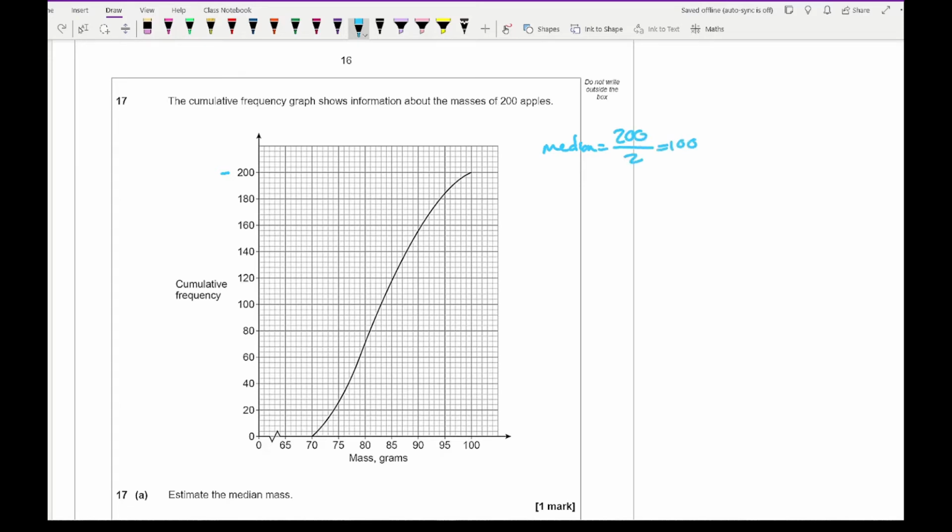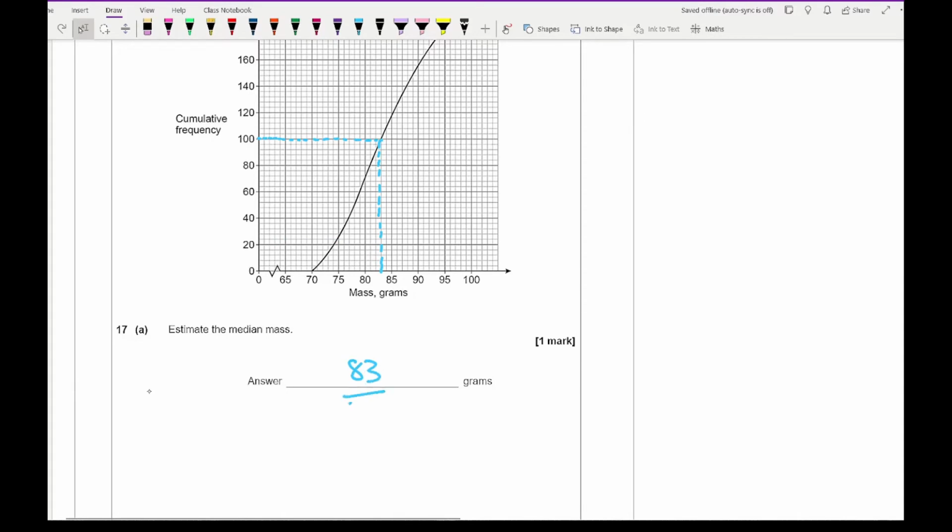So I then need to draw a horizontal line from 100, and as soon as it hits the curve, I project downwards, and I would say the answer is around about 83.